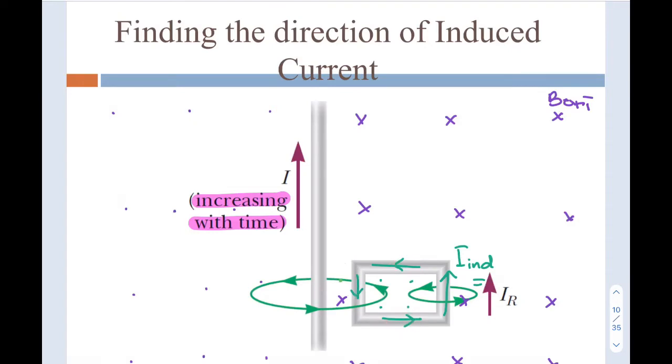Why? Because the purpose of the induction is not to change, right? The second loop here doesn't want an increment of flux into the page. That is why the induced B produced here is out of the page, because it doesn't want to increase the amount.